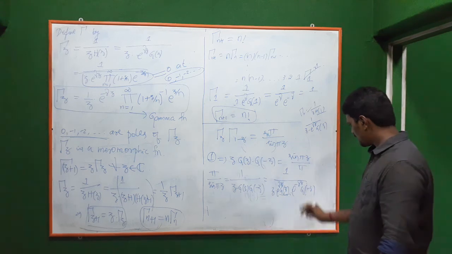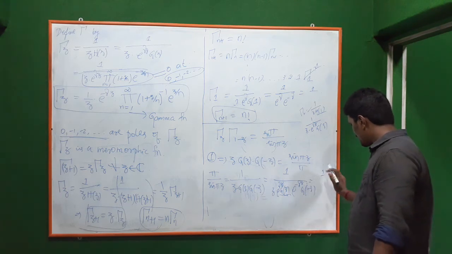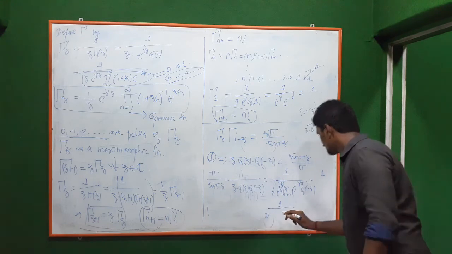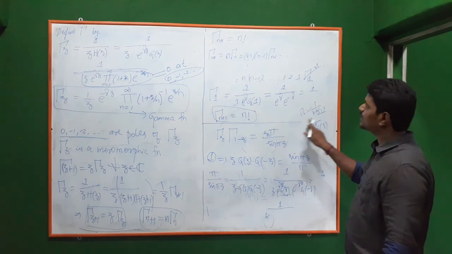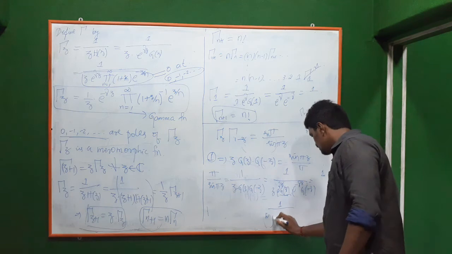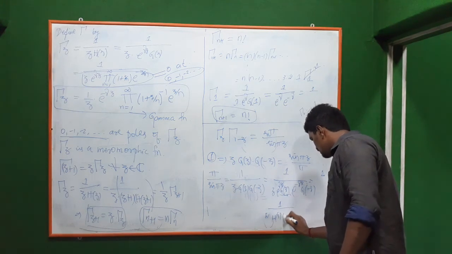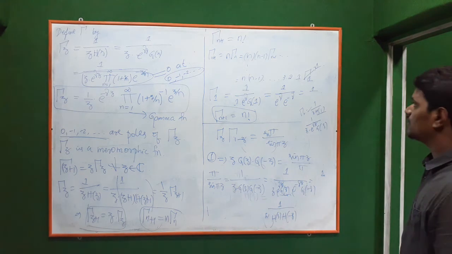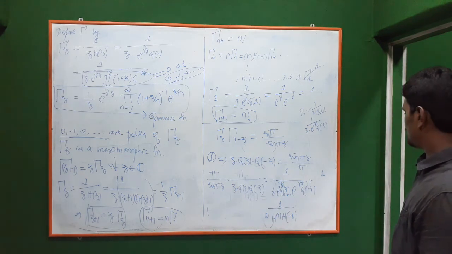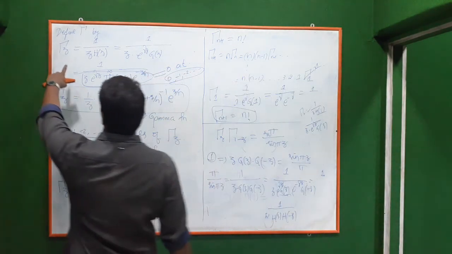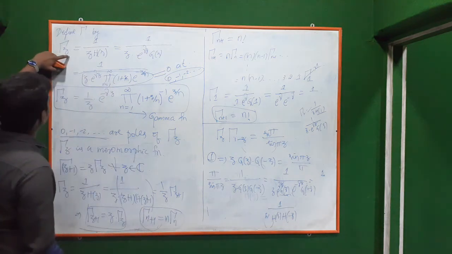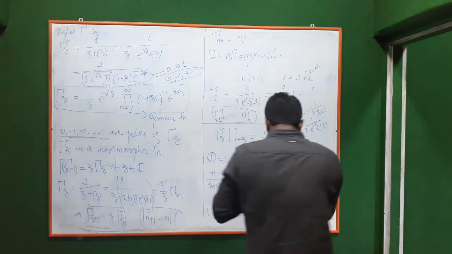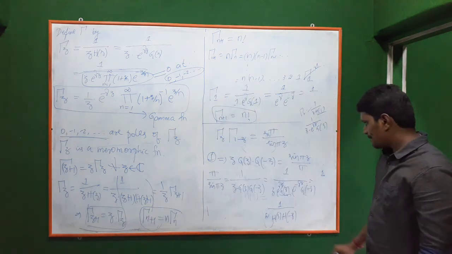So what is this? 1 by z into e power gamma z g of z is h of z. This is h of z into h of minus z. But the definition of gamma of z is 1 by z into h of z. So we have z into h of z, but here minus z is there.